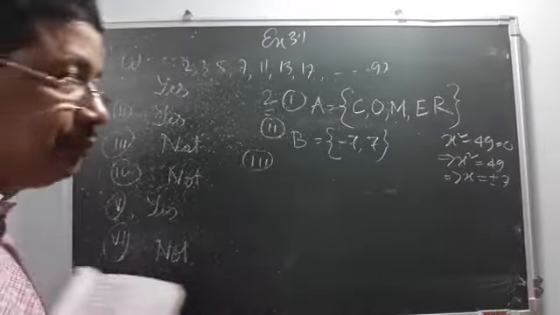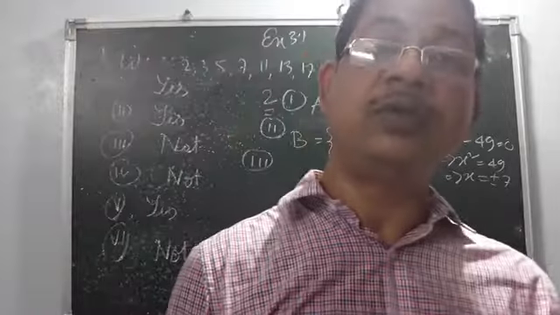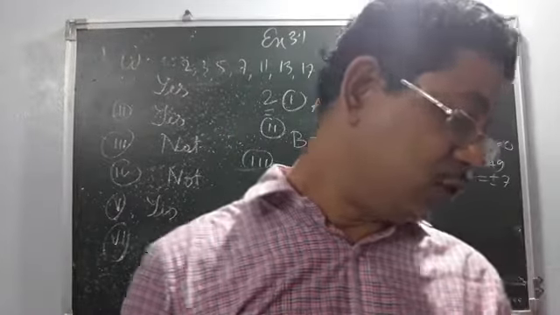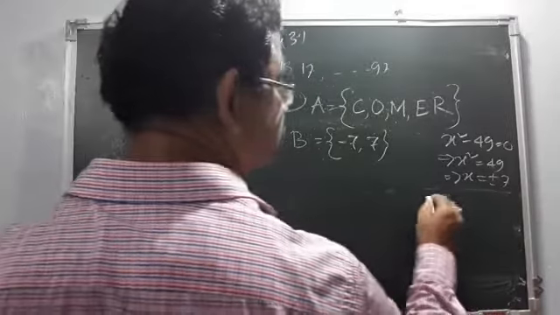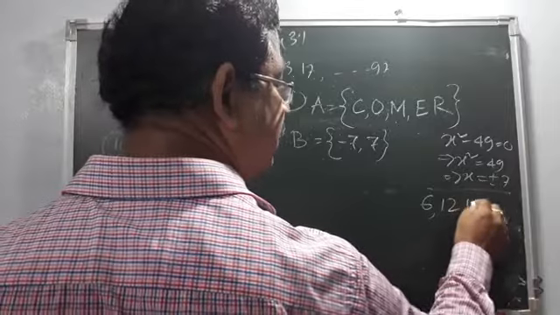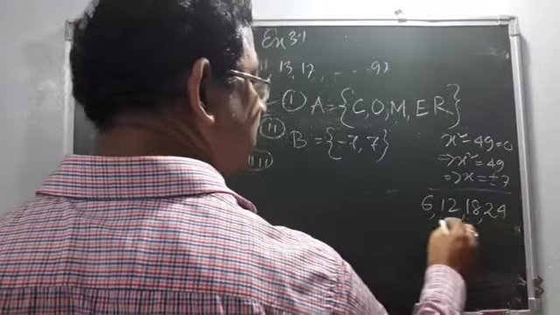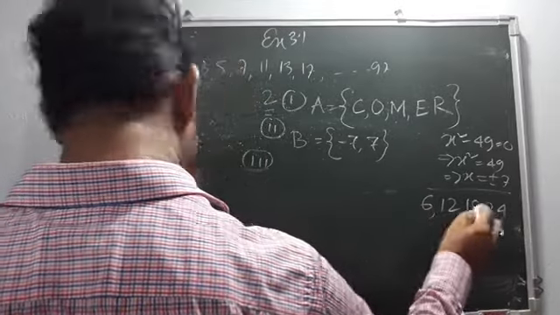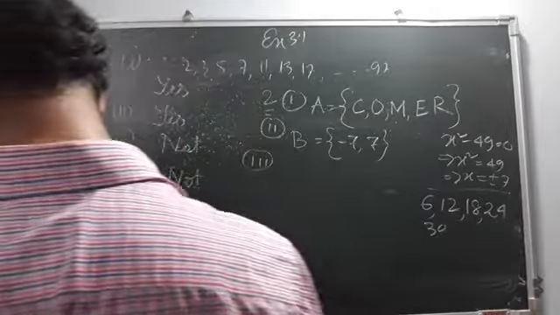Number 3: x is a natural number, x is a multiple of 6, and x square should be less than 400. Multiples of 6 means what? 6, 12, 18, 24, 30 again.